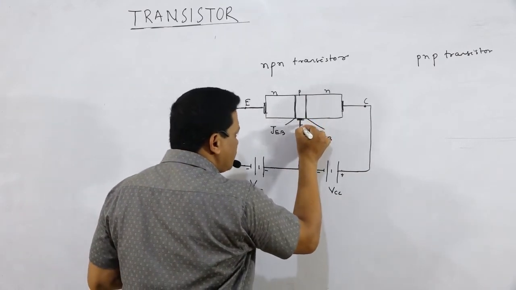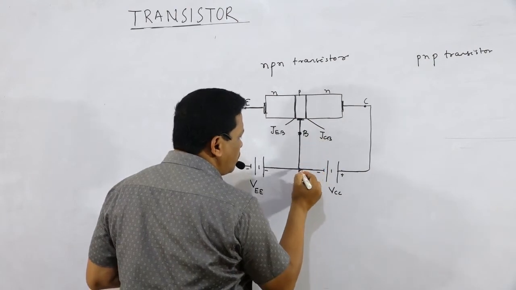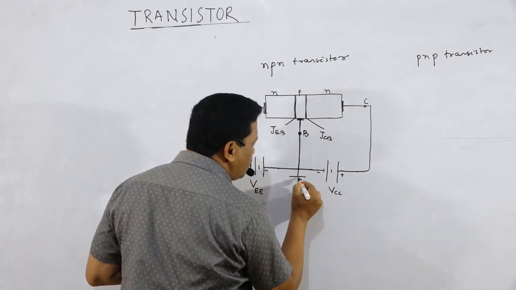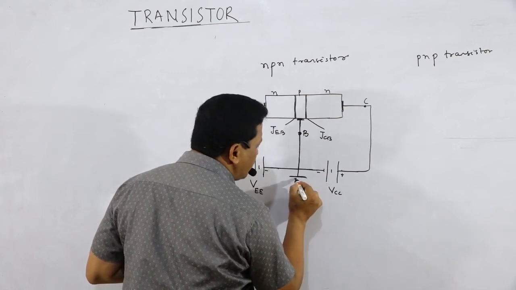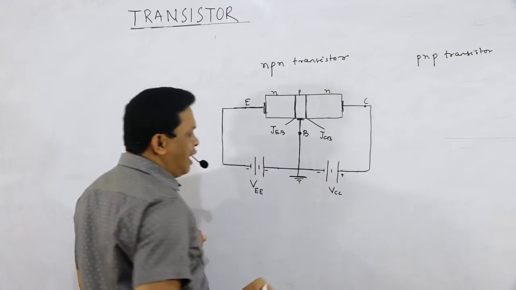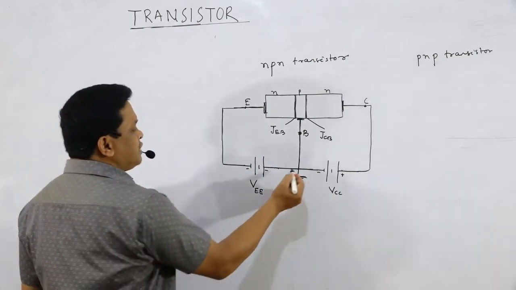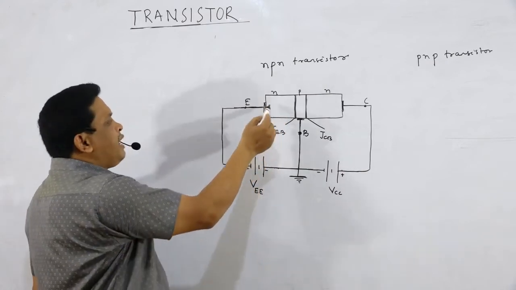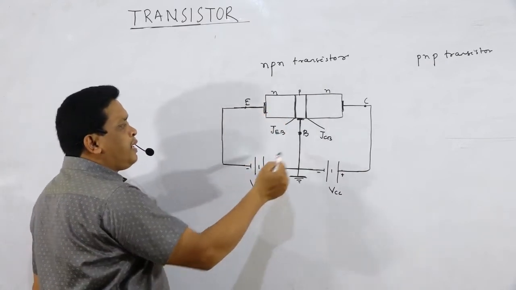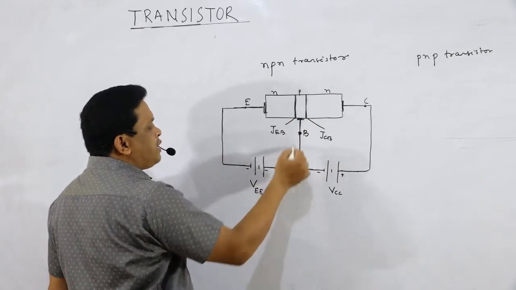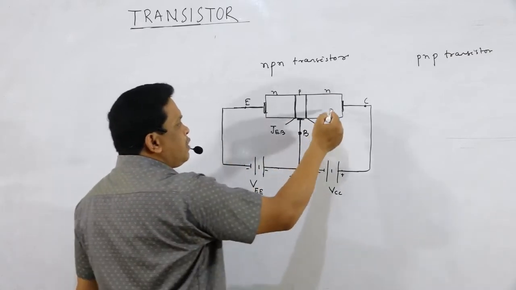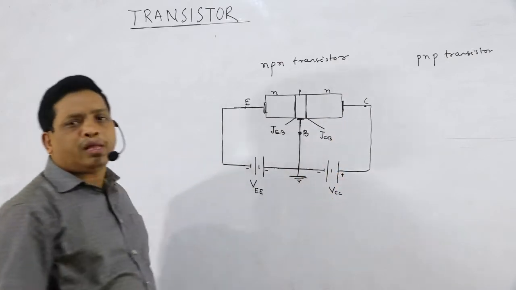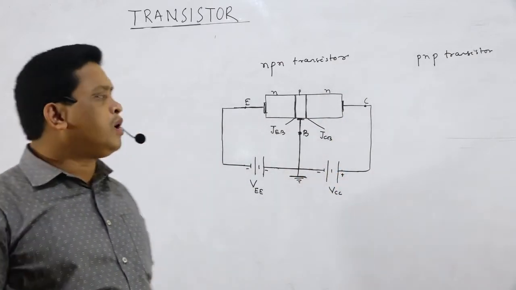Look here, the base is now common to both input and output. So this is the common terminal which is usually grounded, earthed. So it is at zero potential. Clear? So this is the N material which is connected with the negative terminal and input PN junction is forward biased. But look at the output PN junction, the N material is connected to the positive terminal. So therefore output PN junction is reverse biased.